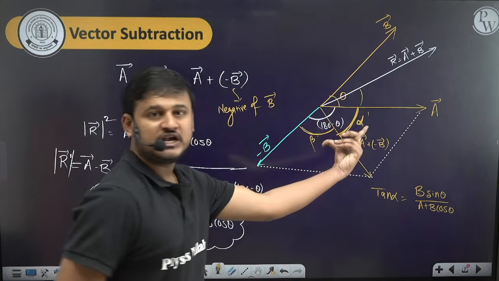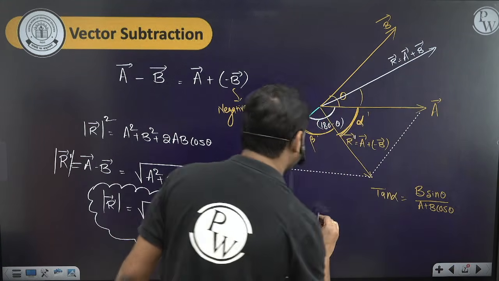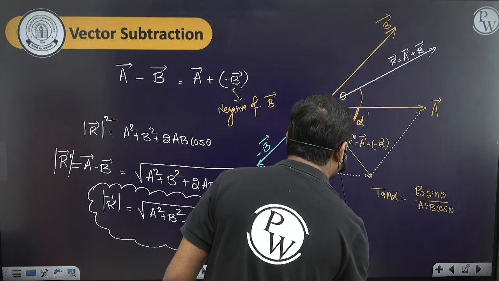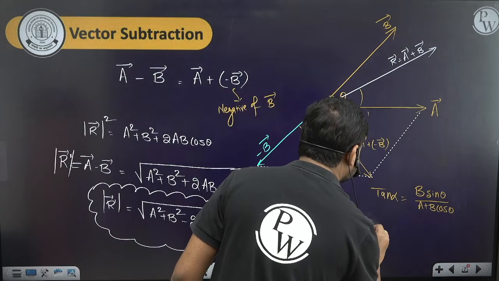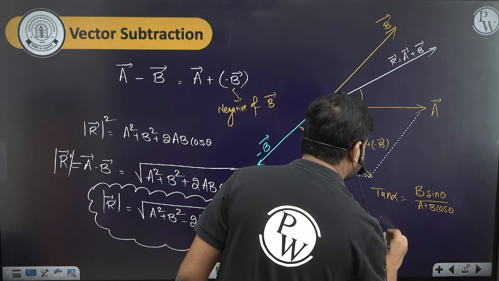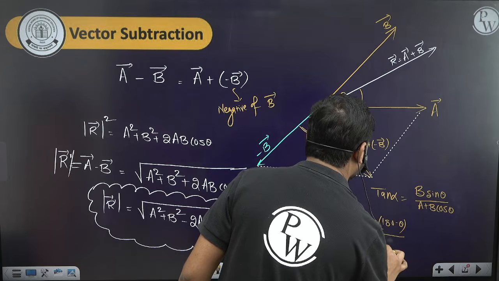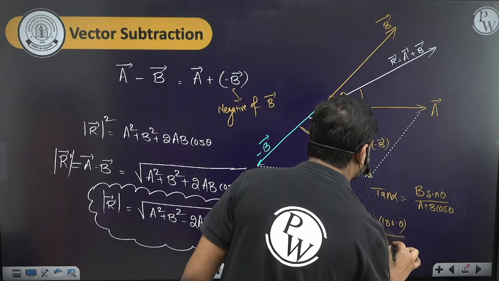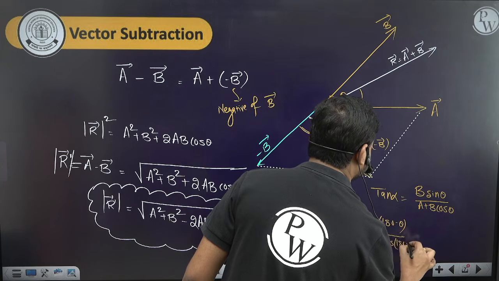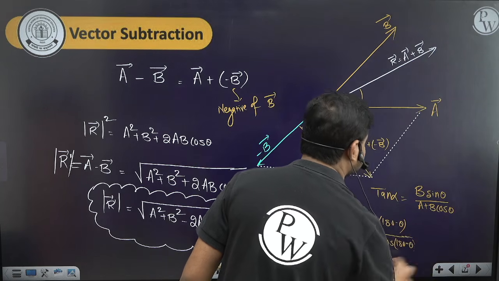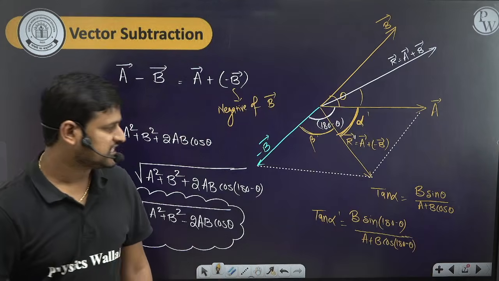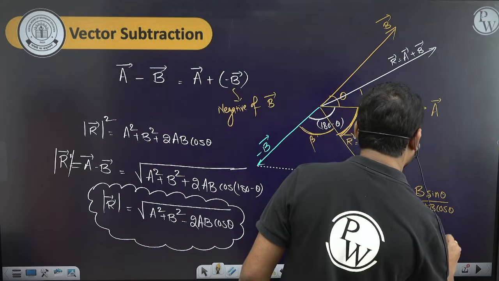So now if you need the direction in the case of subtraction, so we need tan alpha dash. So tan alpha dash will be b sin of, in place of theta simply substitute 180 minus theta, by a plus b cos of 180 minus theta. Yes or no? Understanding? So now sin of 180 minus theta is sin theta only.